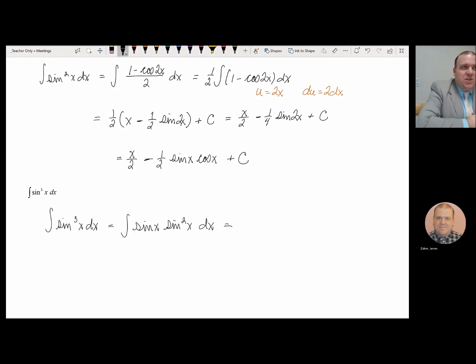What is the derivative of cosine? I have a sine, don't I? So if I can somehow get a cosine in here and do u sub, we're golden. Oh, but isn't sine squared 1 minus cosine squared? There's my cosine.